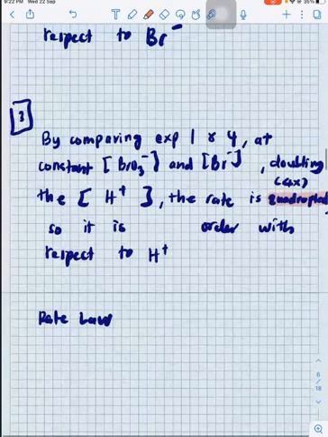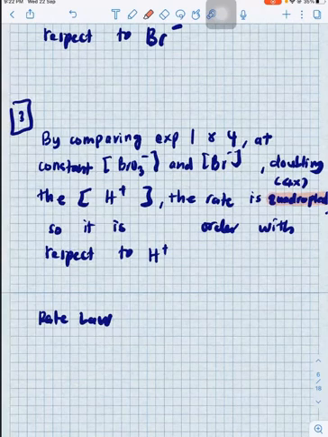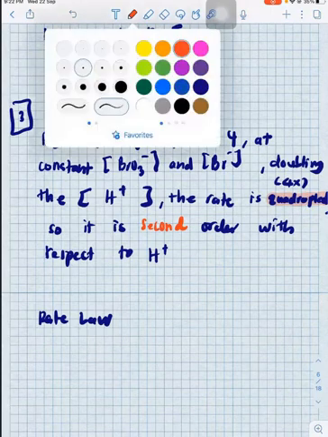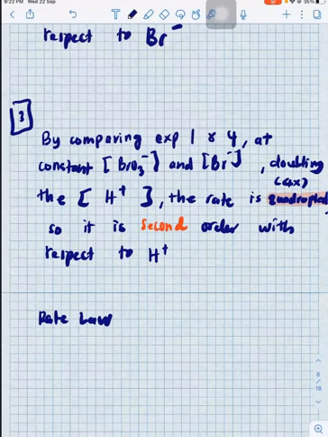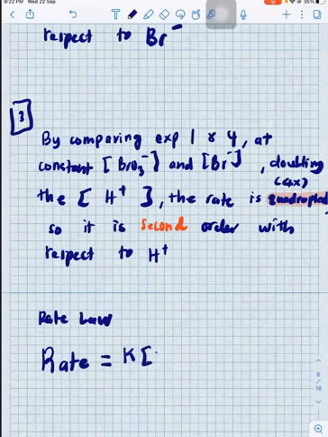So, meaning that our reaction is at what order in this case? Second. Yes, it is at second order with respect to H plus. So, maknanya dalam case ni, our rate law, ni baru jawapan akhir kita lah. Rate is equals to k BrO3 minus tadi, kita dah tengok it is at first order.